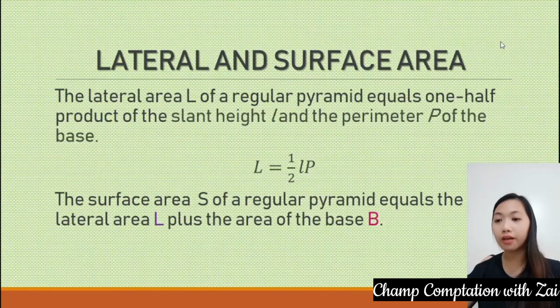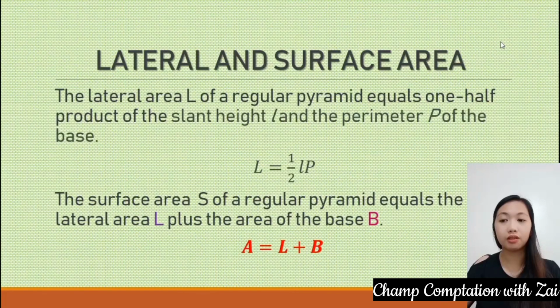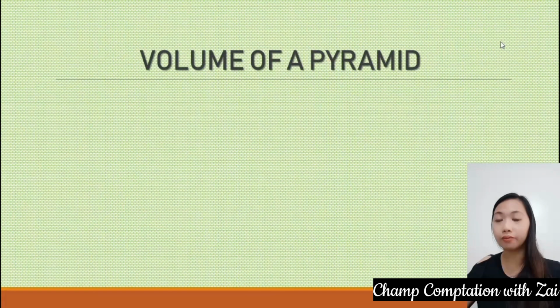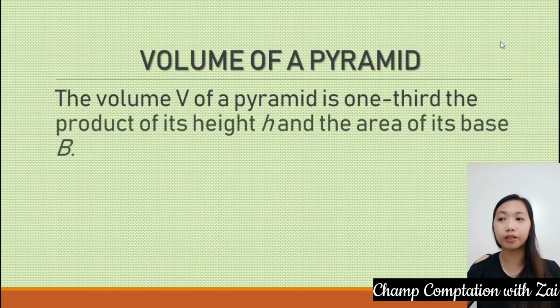So we have area equals lateral area plus the area of the base, L plus B. Now let's move on to the volume of a pyramid. The volume of a pyramid is 1/3 the product of its height and the area of its base. So in symbols, volume equals 1/3 base times height.